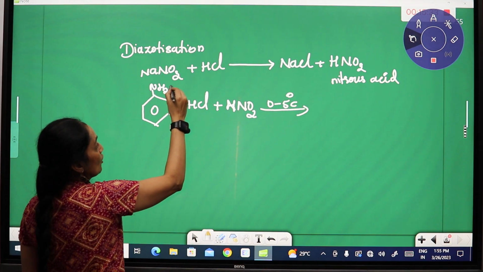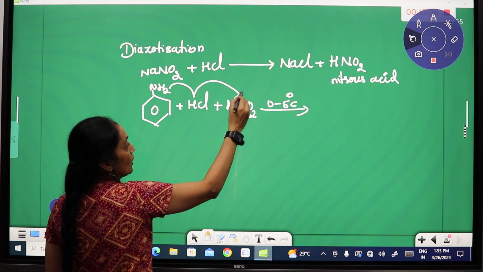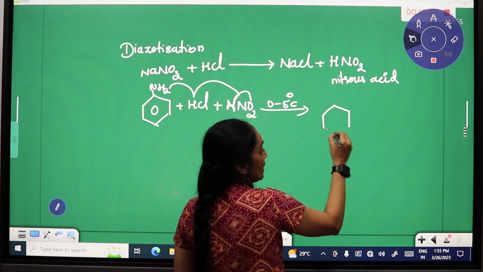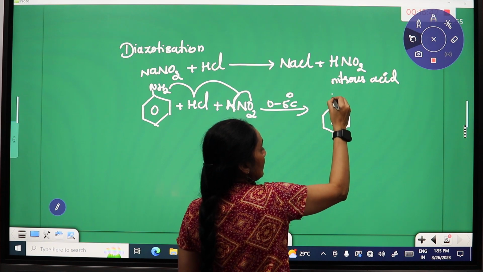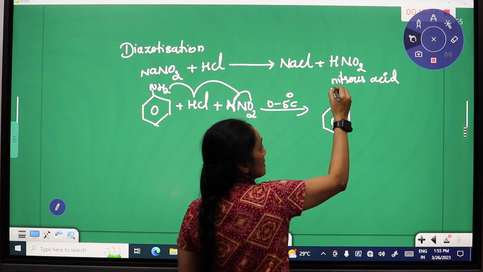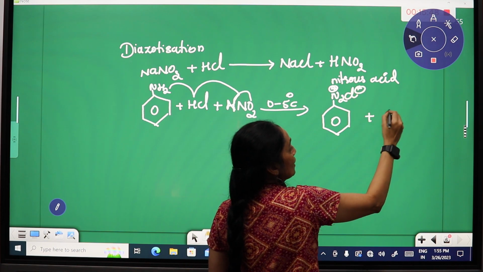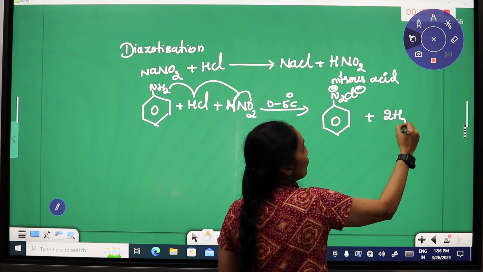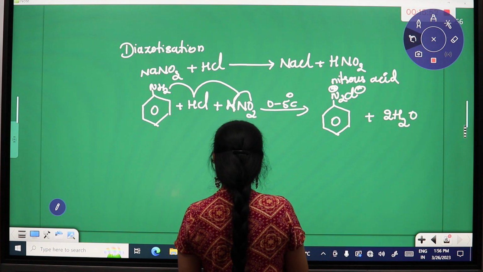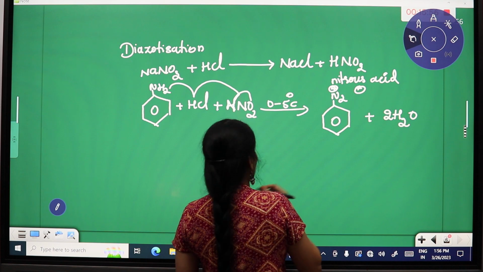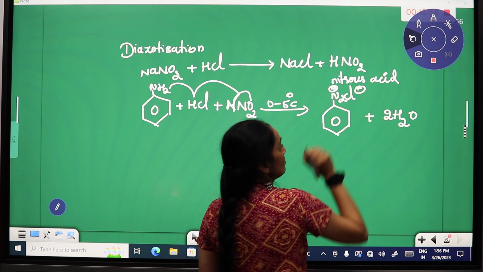Try to eliminate all the hydrogen and oxygen. Finally, we get the compound N2 plus Cl minus, with elimination of 2 molecules of water. N2 plus and Cl minus.